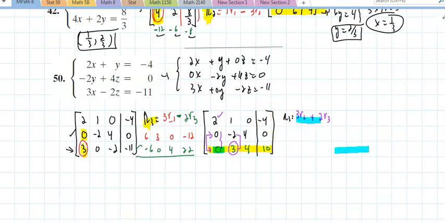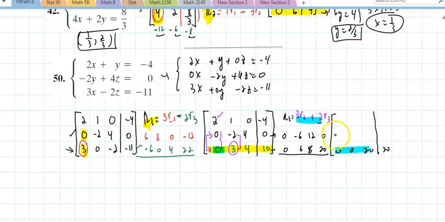Well, multiplying this row by a 3, that makes that a 0, negative 6, a 12, and a 0. Multiplying this by a 2, a 0, 6, an 8, and a 20. And if I add those, what do I get? If I add those, I'll get a 0, 0, 20, and a 20.